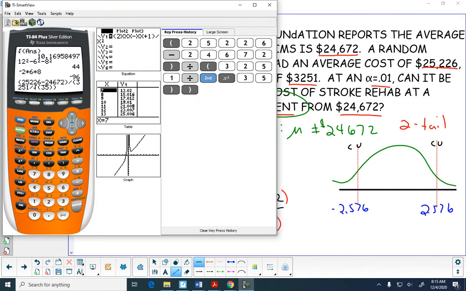Or you might have to use your right arrow to pull out of the parenthesis. But make sure you quantify the top and the bottom. And hit enter. And what we should get is 1.008, hopefully.